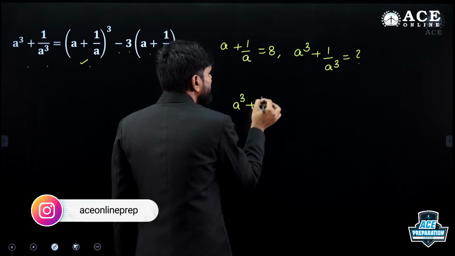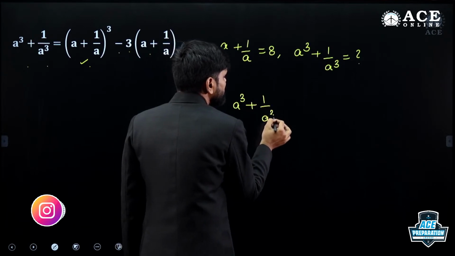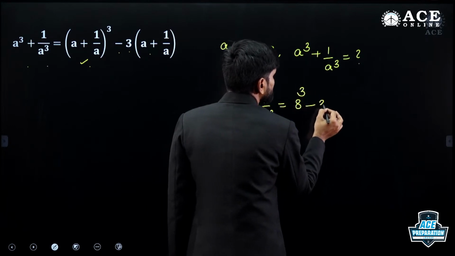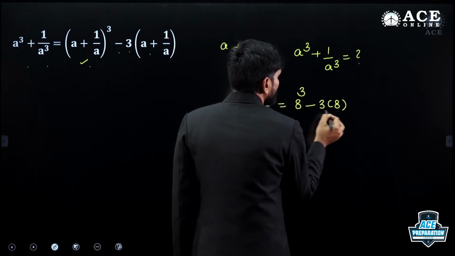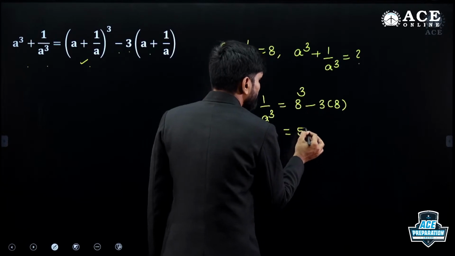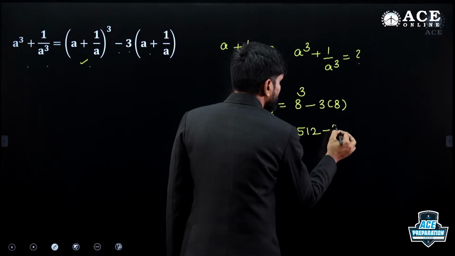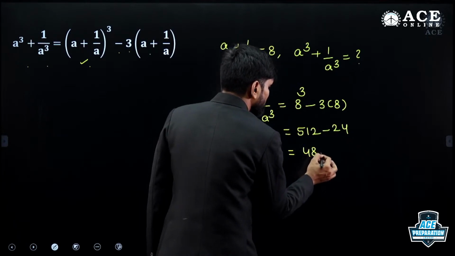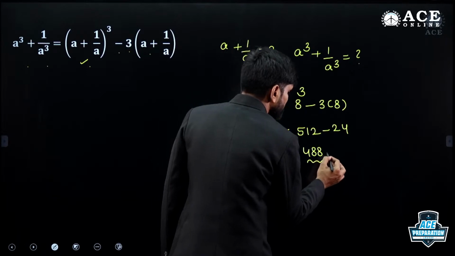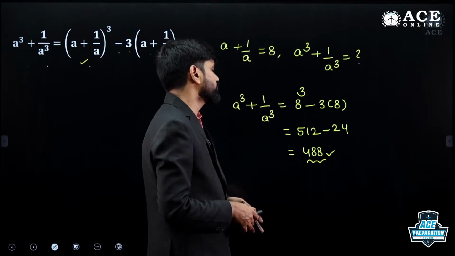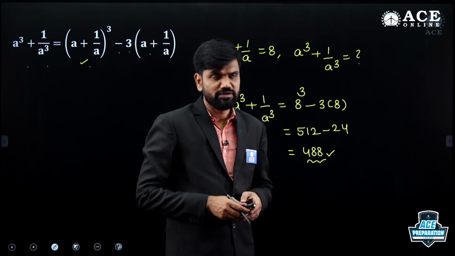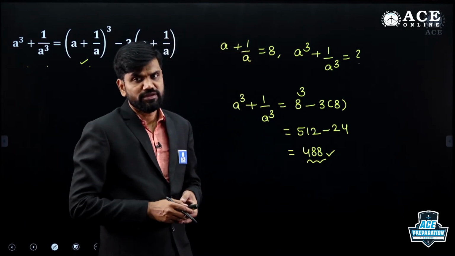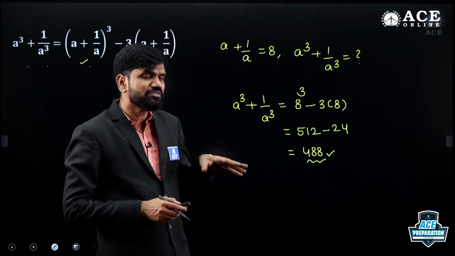So a cube plus 1 by a cube must be equal to p cube minus 3p, which is nothing but 512 minus 3 8s are 24. I just removed 24 from 512. That will give you 488. Getting it? So are you understanding the application of that formula?